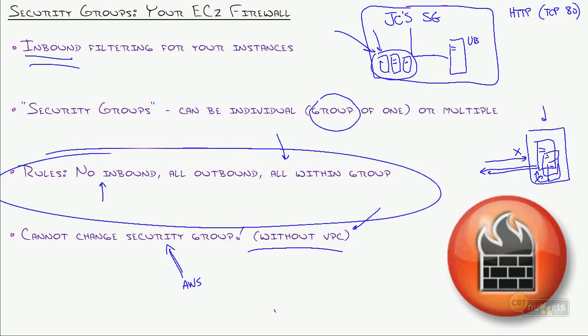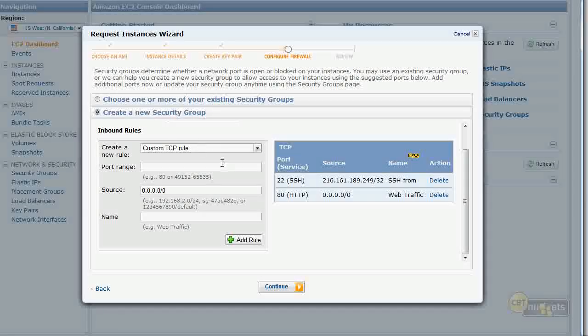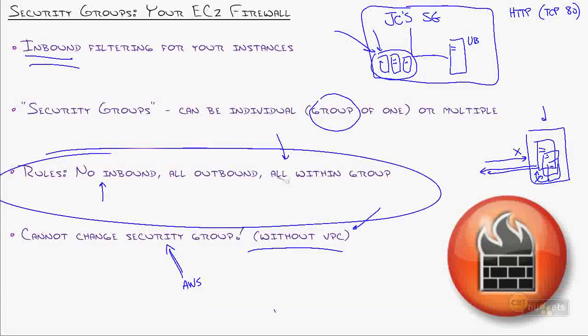So if I had a bunch of servers that I assigned to my, I forgot what I named it, JCSG, or Jeremy Charles Security Group, then they are able to access each other fully, able to go outbound, and then these are my inbound restrictions that I'm setting up right here. The fact is, default security groups don't do outbound filtering. I cannot control what leaves my server.